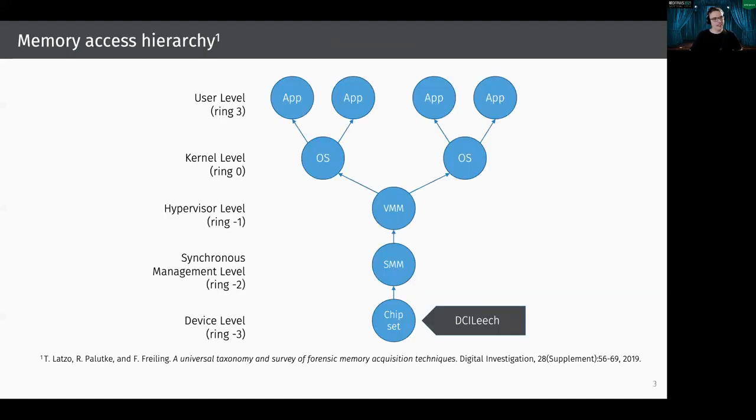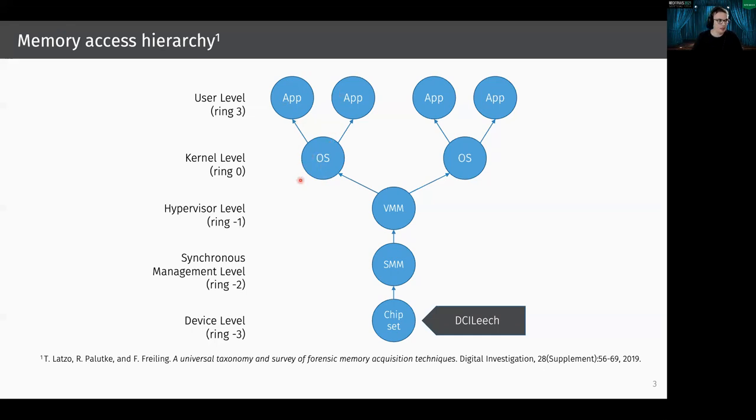In 2019, we published a universal taxonomy and survey of memory acquisition techniques and tools. Here I want to show this for the x86 architecture. The blue circles represent address spaces, and an arrow means has access to. At the very top, there are the applications' address spaces, and of course the operating system kernel can access the address spaces of the applications.